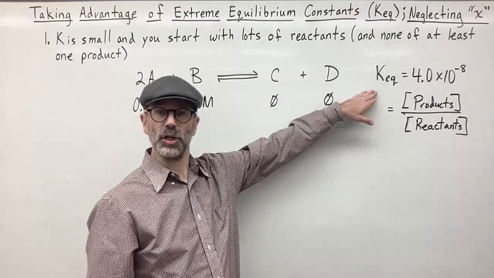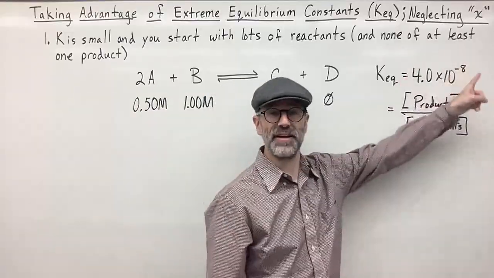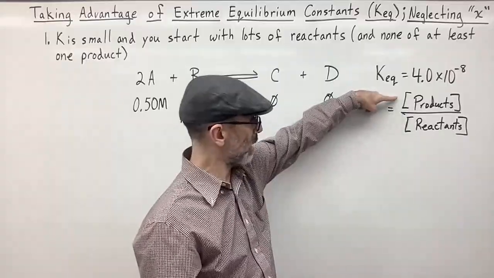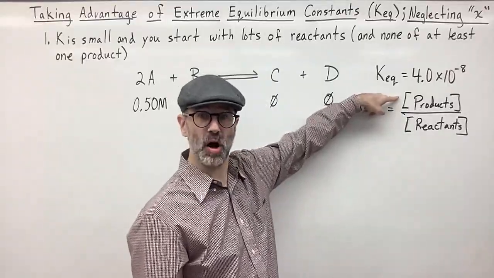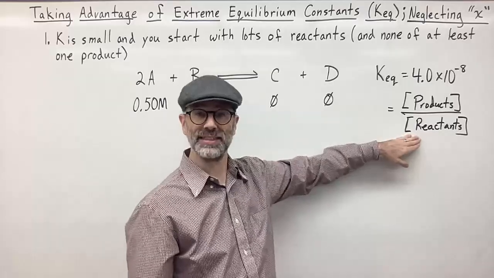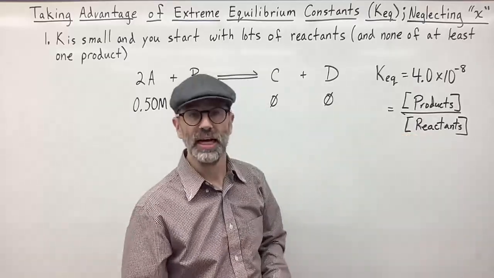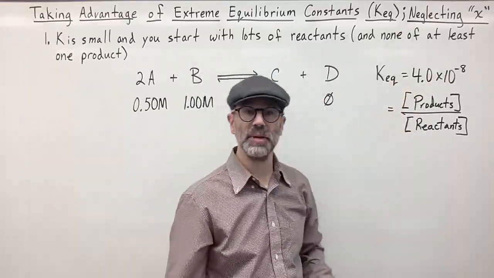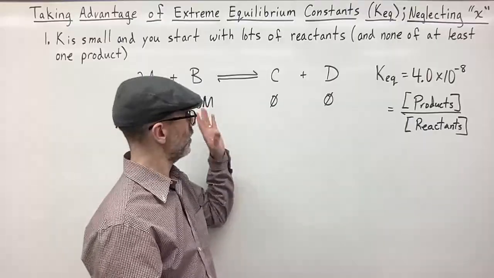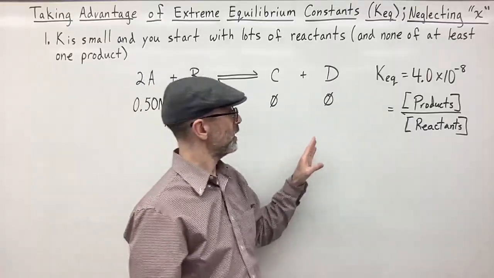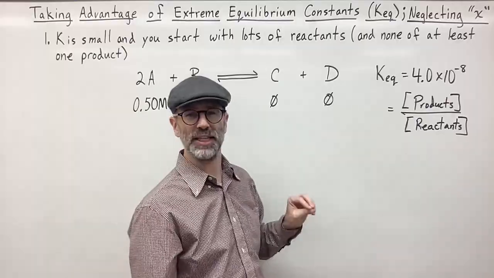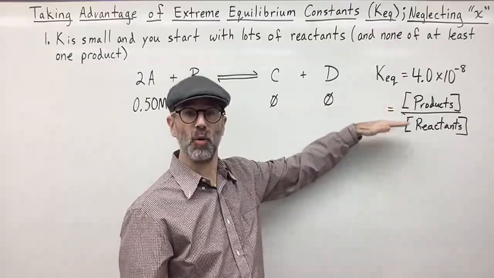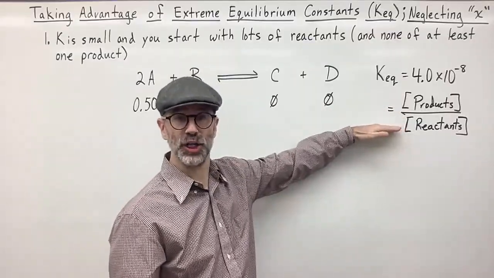What the equilibrium constant is telling us here, since this is a very small number, is that the amount of product is very small and the amount of reactants is very large, relatively speaking. So this ratio is really small. What does that mean? It means that at equilibrium, this reaction is going to produce very, very little product, because the numerator is very small while the denominator is very large.